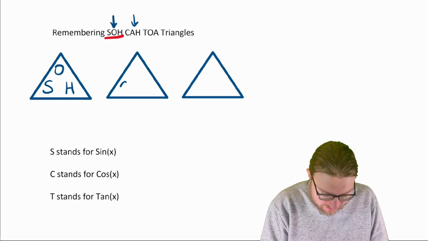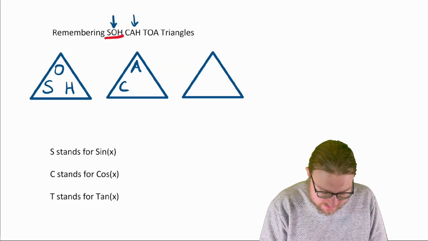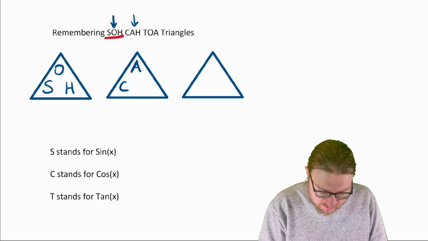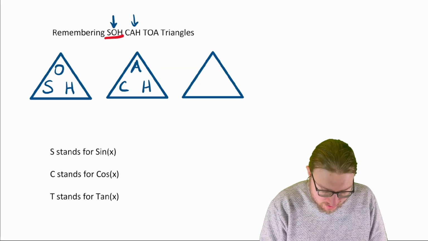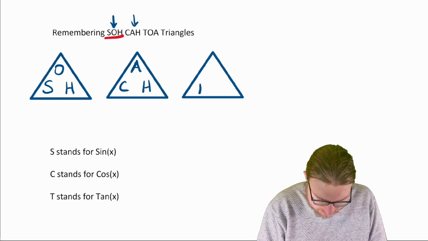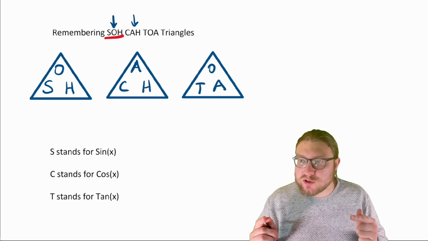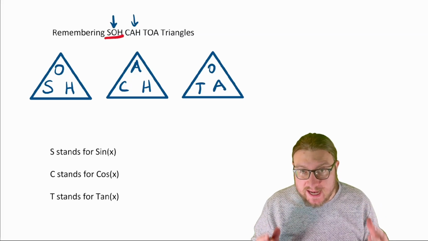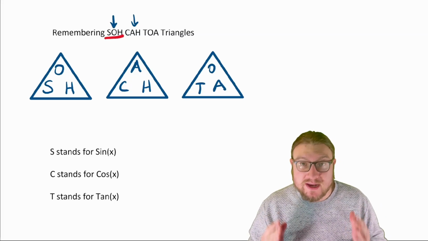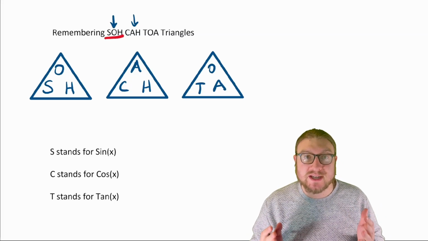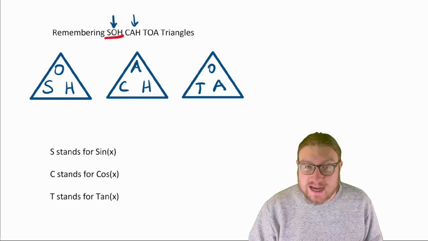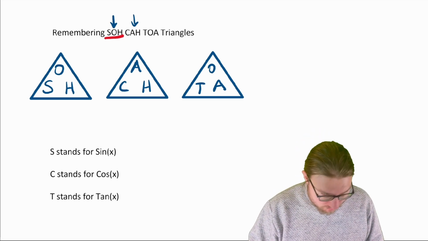For CAH, again, the A is in the top, so that is the one that is in the middle between C and H. And for TOA, the same thing, we have T, O, A. If you guys are able to replicate these triangles at any time from memory, then you're ready to use sine, cosine, and tangent to calculate any trigonometry question.